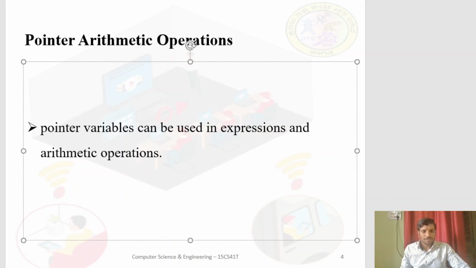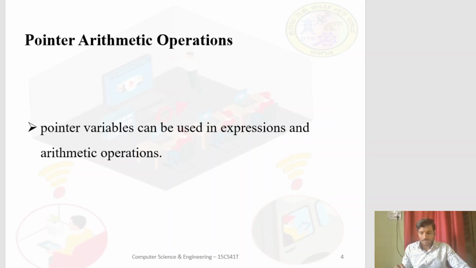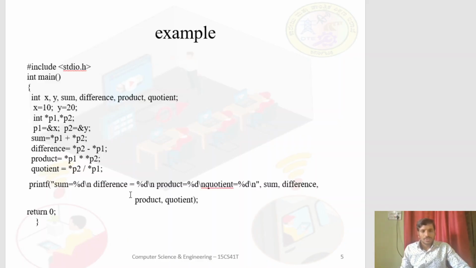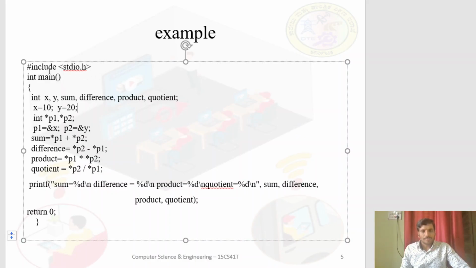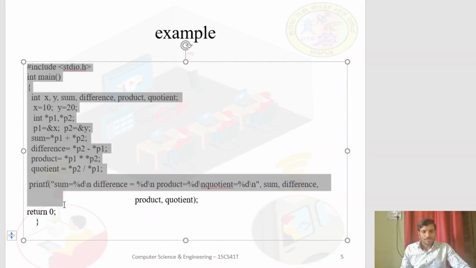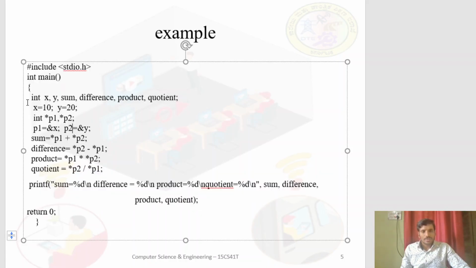Okay, students. So here is one simple example of how pointers can be used in arithmetic operations. Here I declared integer variables x, y, sum, difference, product, and quotient, where x and y are initialized as 10 and 20 respectively.